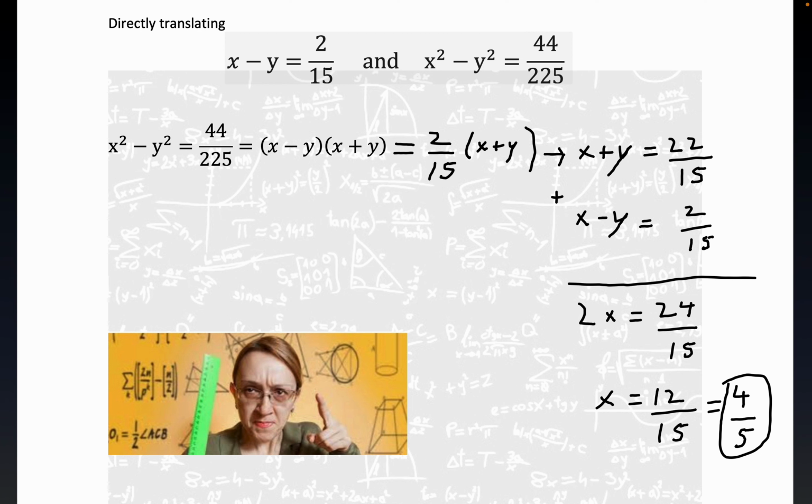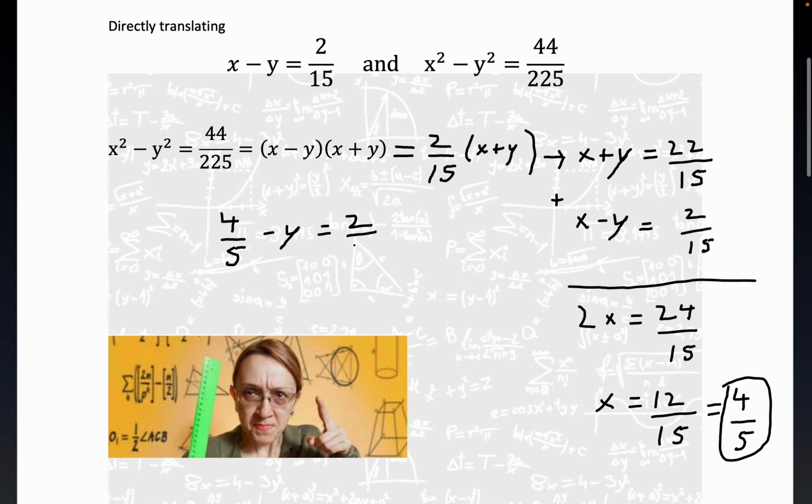And again, I'm using this equation right here, so that would be 4 over 5 minus y equals 2 over 15.